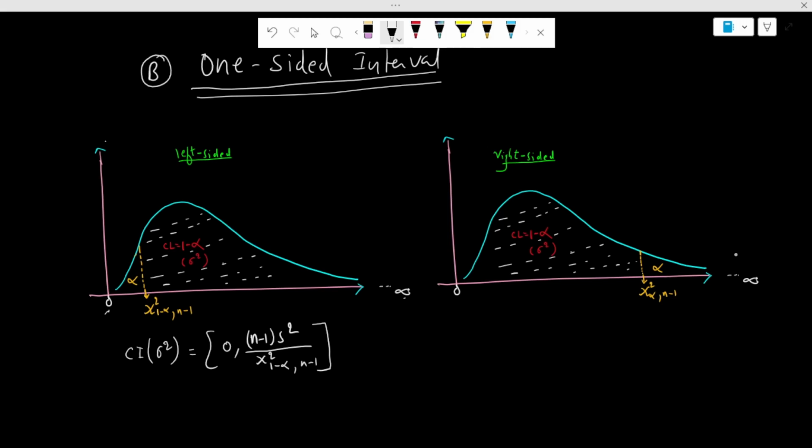The entire significance level is alpha on the left side, so our confidence level is 1 minus alpha. Similarly, for the right-sided or upper interval, we can calculate the confidence interval of the population variance. The upper bound is infinity, and we have n minus 1 s square divided by this score.